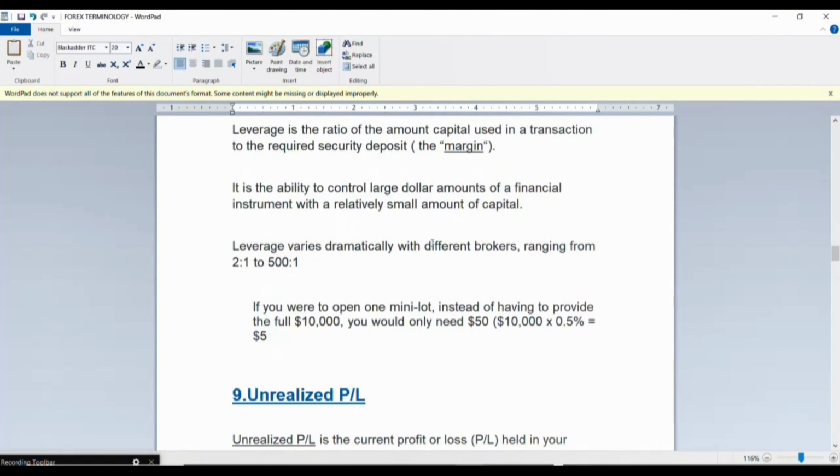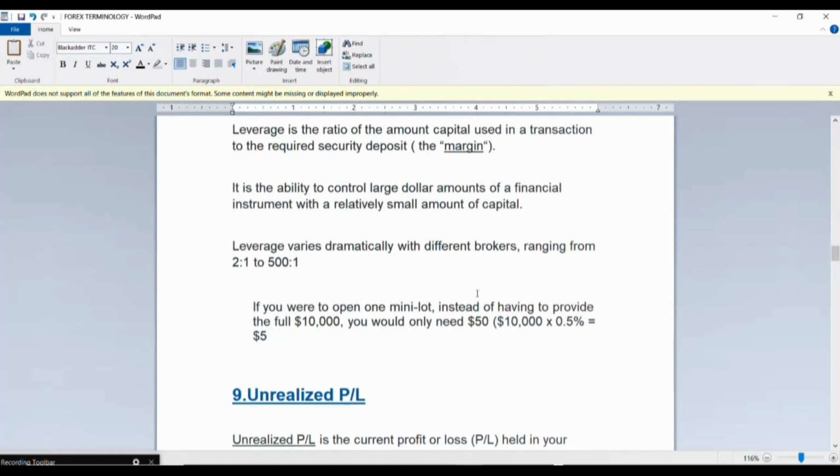We have brokers that will give leverage up to 1:1000, which means if you come with $100, your broker will multiply that $100 1000 times, and you will be controlling a position of $100,000. So brokers give leverages so that people who do not have capital can be able to manage a lot of capital in the market. But leverages are two-edged swords.